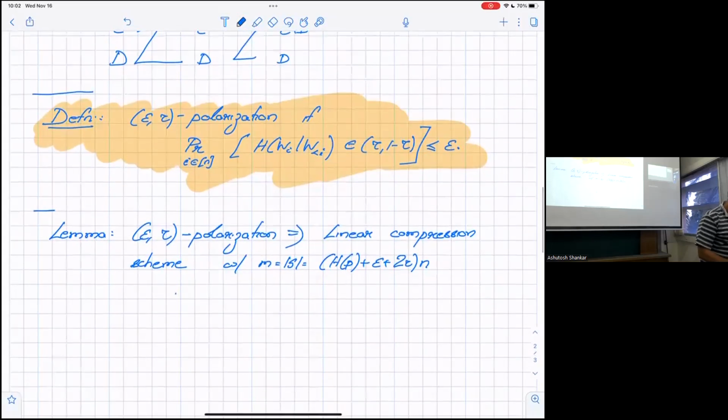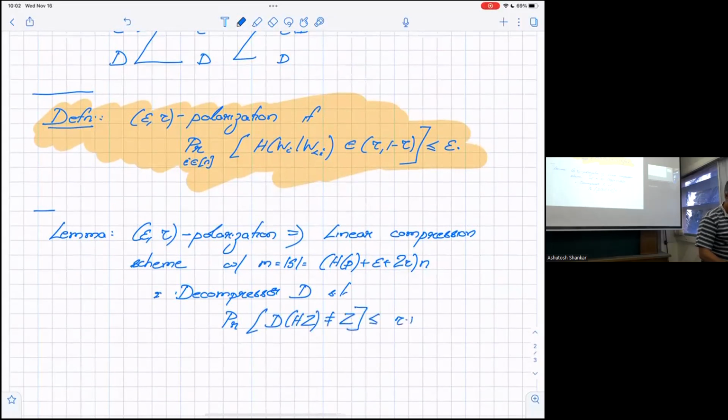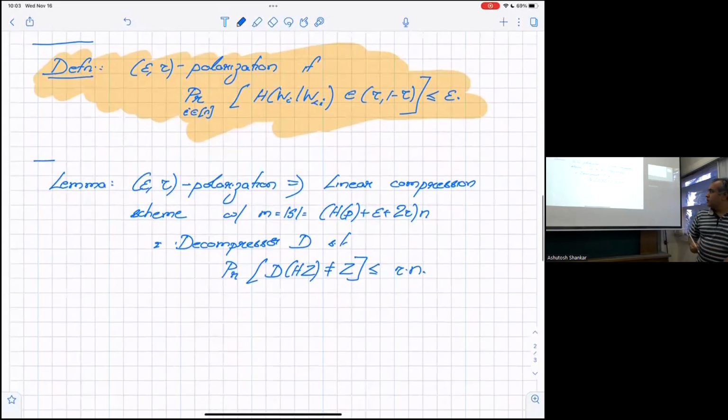And the decompressor D, the probability that T at Z is not equal to C is going to be equal to tau times something. I want to claim that there are basically two things coming.